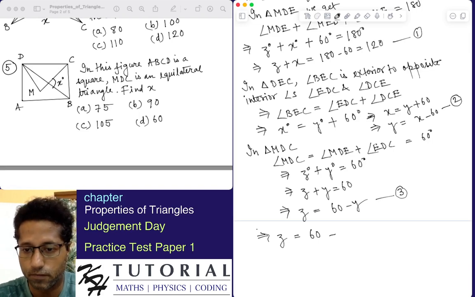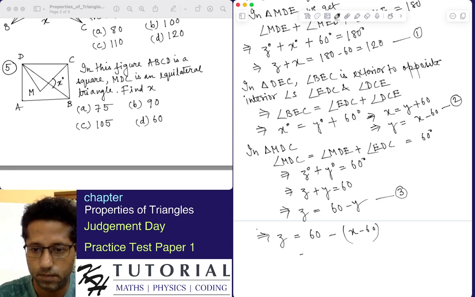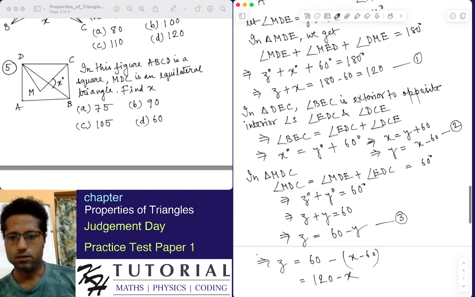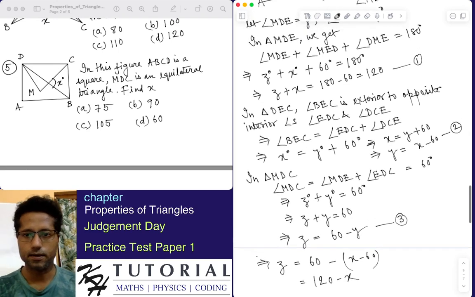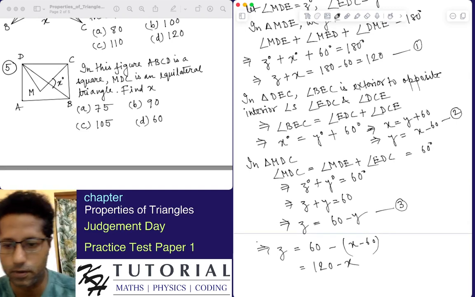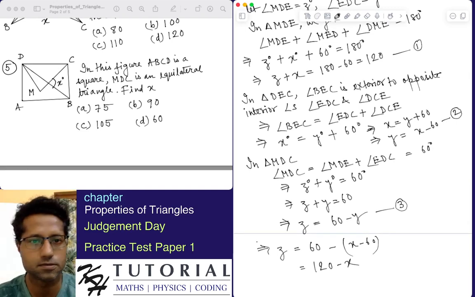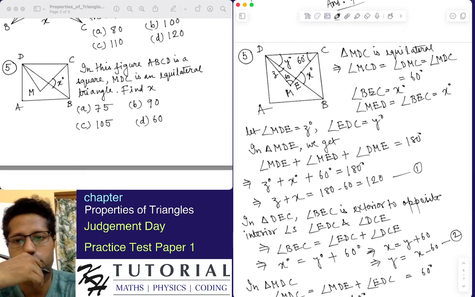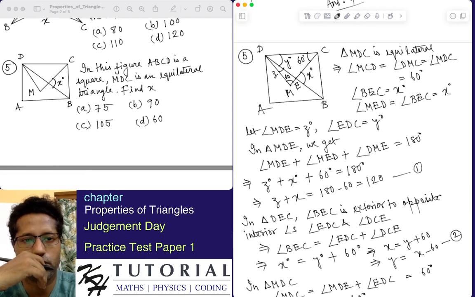We know that Y equals X minus 60. So Z equals 120 minus X. Oh no. This is not helping. We got an identity. If you put 120 minus X in 1, it will cancel out X. No, it's not working. What else can we do? We have to find X.